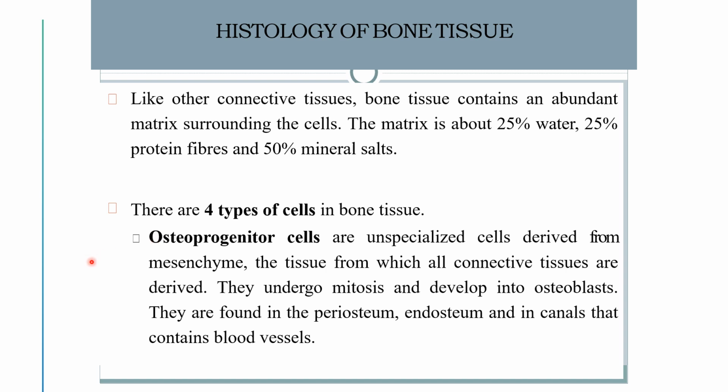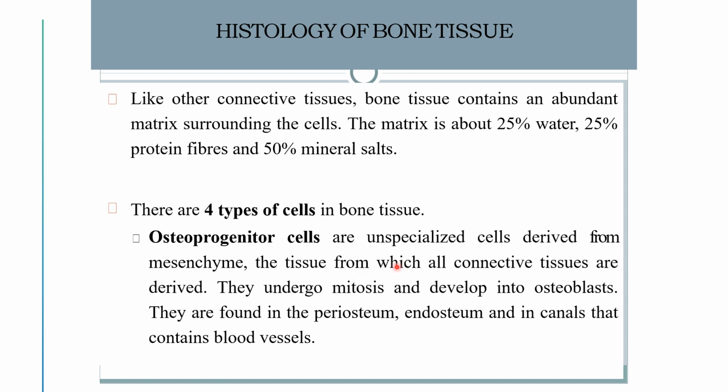You all know about these types of cells from your intermediate, but here is a brief description of those cells. Osteoprogenitor cells: progenitor means the first, before, the cells which are present before the osteoblasts, osteocytes, and osteoclasts.